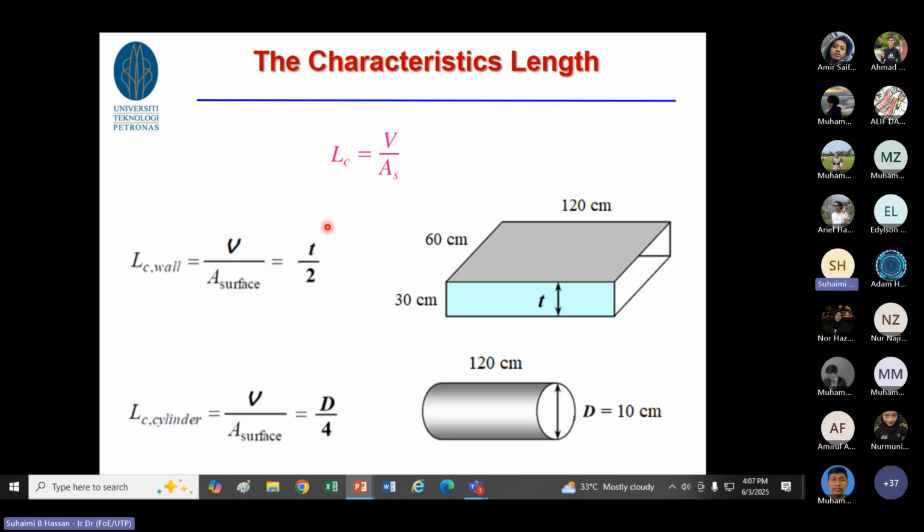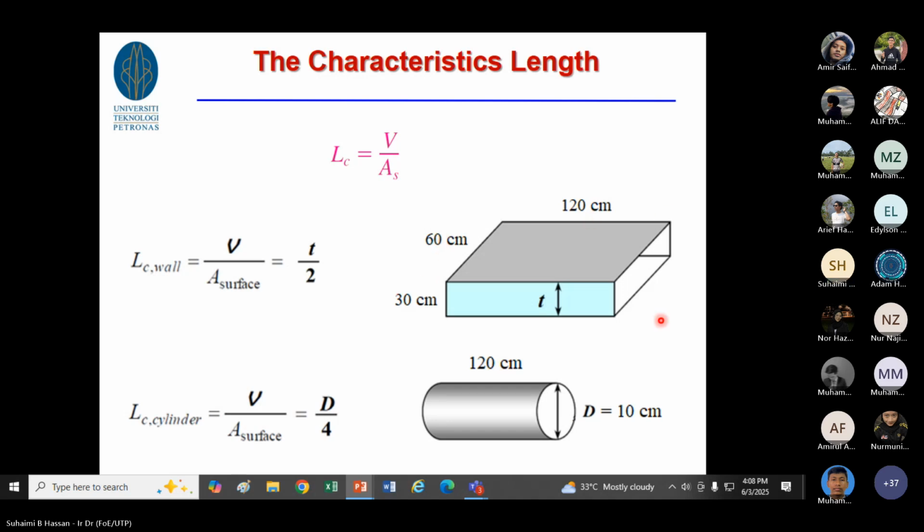From volume over surface area, the final answer is 15, which is 30 over 2. 30 centimeter is the thickness, divided by 2, so the Lc for this case is 15 cm. Someone can calculate the volume of this rectangular. The volume is 30 times 60 times 120.